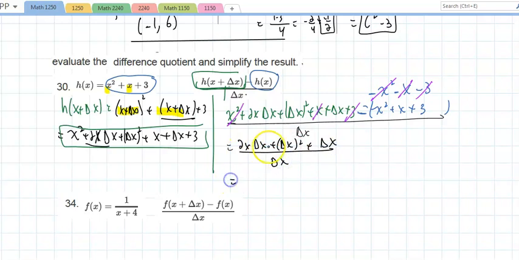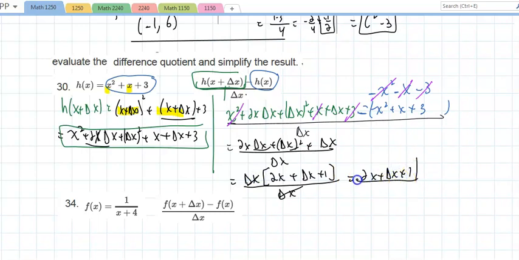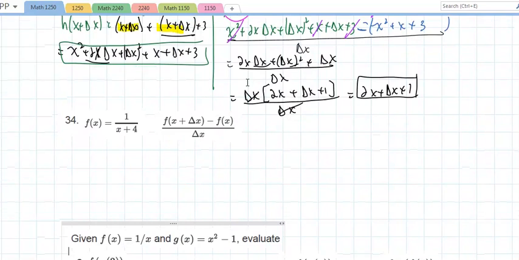And do you notice they all have a delta x? If I factor that out, I'll have 2x plus delta x plus 1. And once I cancel the denominator, I'm done. Every time you see the statement, difference quotient, your goal is to cancel that denominator. Same thing with number 34.